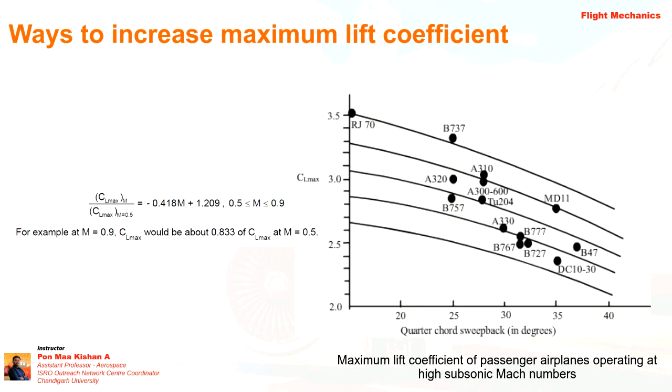So let's consider CL max of 0.5 is equal to 1.6. Okay, so by this equation, suppose the instruments are not working or the data are not received, then we can use this.